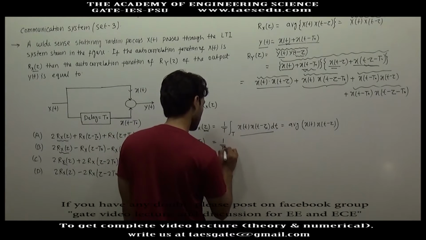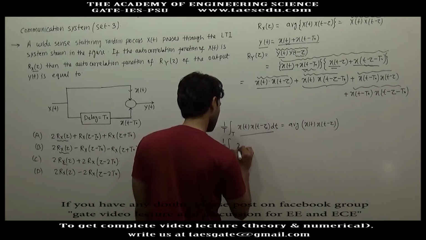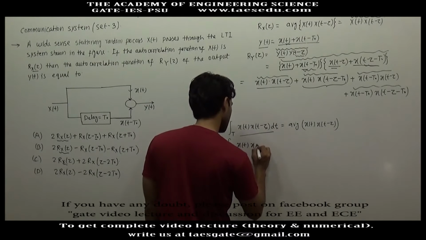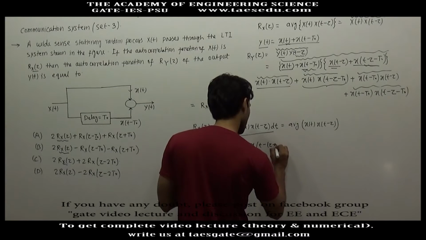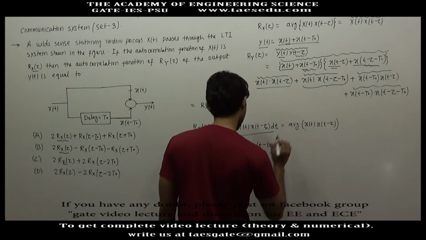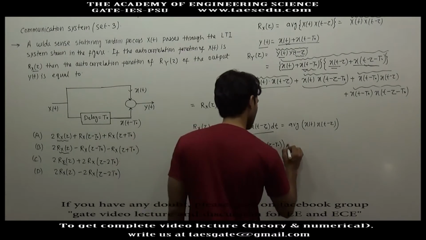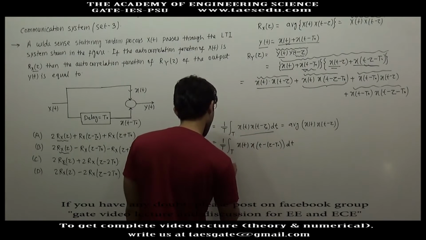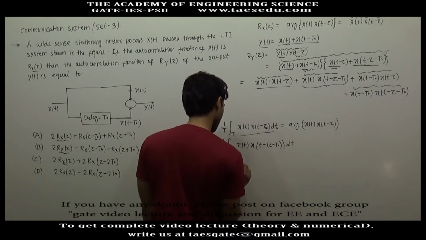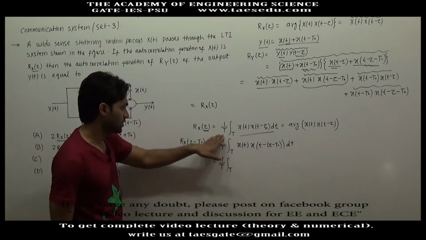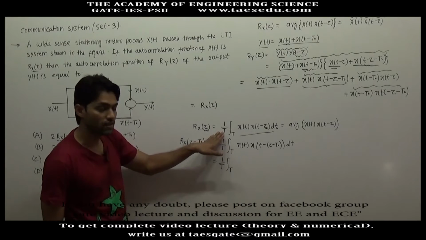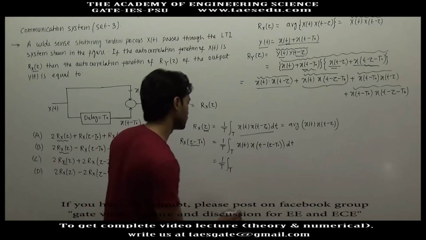So this will be 1 by T integration over T of x(t) into x(t minus tau minus t naught) dt. If x is not periodic, capital T tends to infinity.